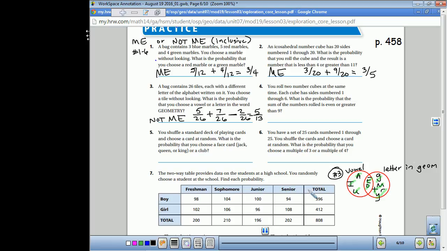Okay, what do you think? ME or not ME? Not mutually exclusive. Because there are sums greater than 9 that are even. Like 5 and 5 is 10. 10 is greater than 9 and it's even.